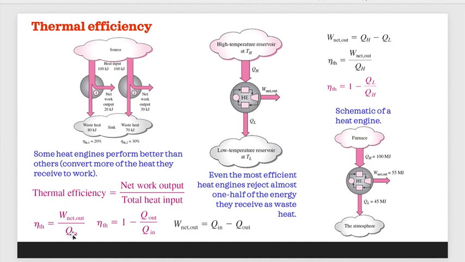In terms of an equation, thermal efficiency, which we denote by eta TH, is W out minus W in divided by Q in. Or we can simplify by using W net as Q in minus Q out. So we can get efficiency as 1 minus Q out over Q in.